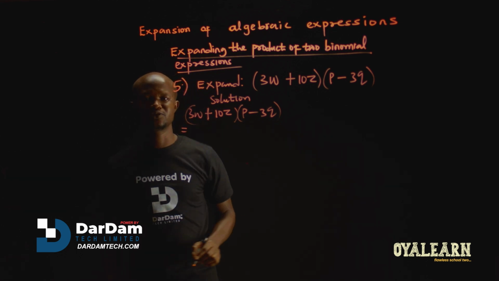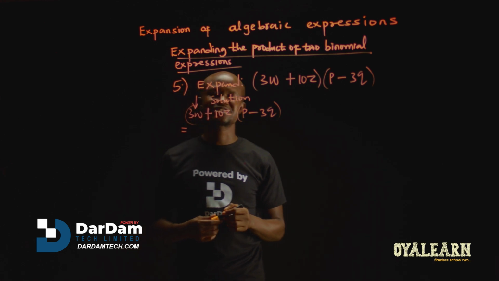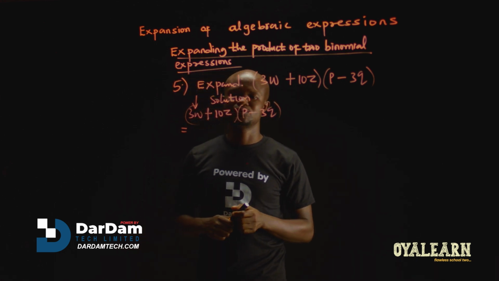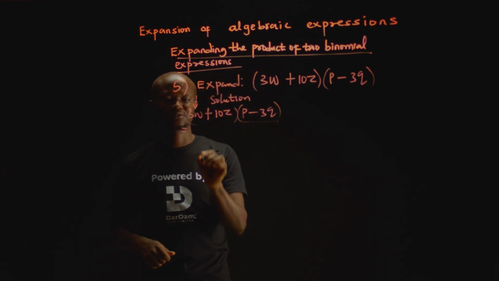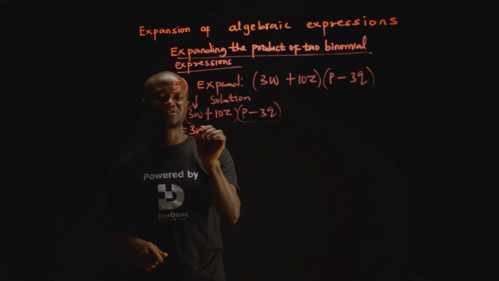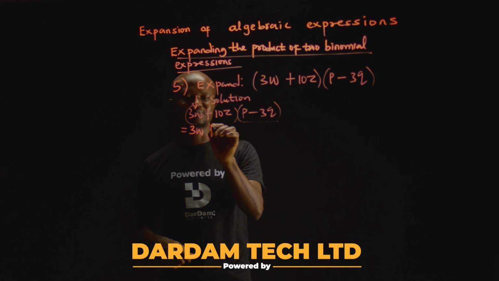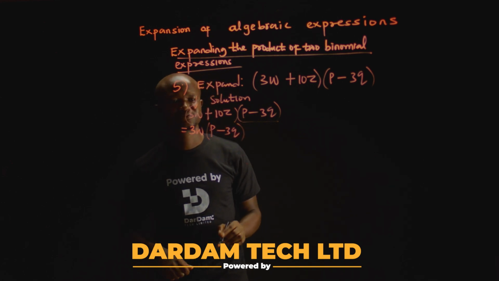So the first thing to do is to use the first term in the first binomial expression to multiply the whole of the second binomial expression. And what's the first term? We have 3W, to multiply the whole of the second binomial expression, which is P minus 3Q.